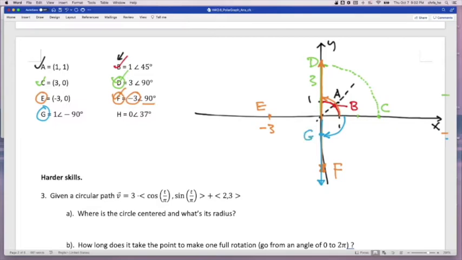So therefore, this would be my G. Finally, H. When you have a length of 0, then it really doesn't matter what the angle is, whether it's 37 degrees or 0 degrees or 180 degrees or 9,000 degrees, because it's length of 0, so therefore it's right here at the origin. It's just a point. So this is my H.